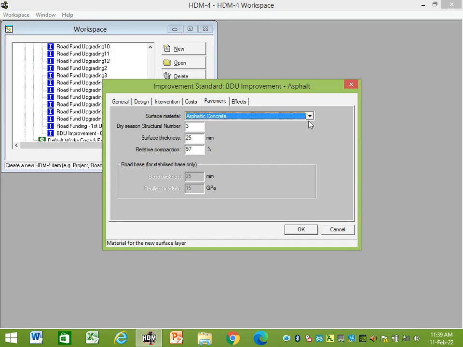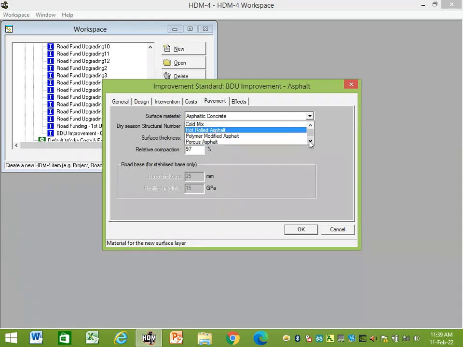Pavement type: asphalt concrete, you can change. You can have asphalt concrete, cold mix, hot rolled asphalt, polymer modified asphalt, porous asphalt, rubberized asphalt concrete, stone mastic. So it has different kinds.